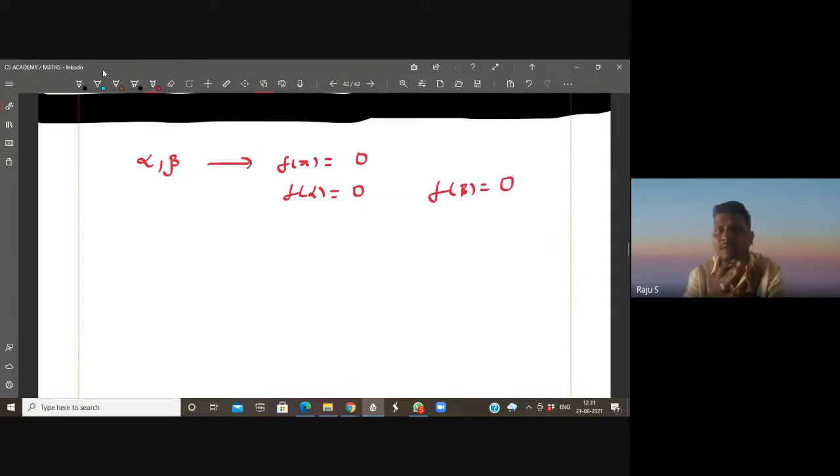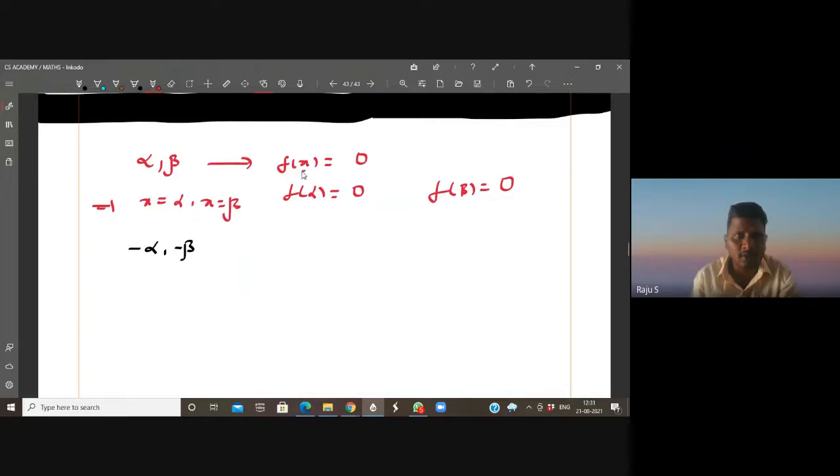In the same way, what about minus alpha, minus beta? See, here alpha comma beta are the roots, nothing but we can take x is equal to alpha, x is equal to beta. Now I substituted the alpha value in place of x.